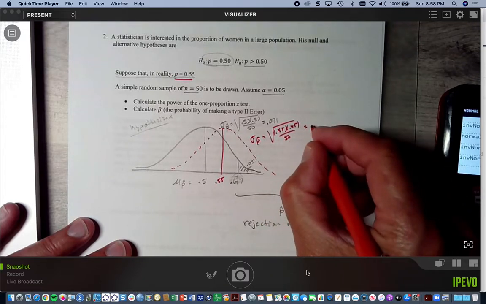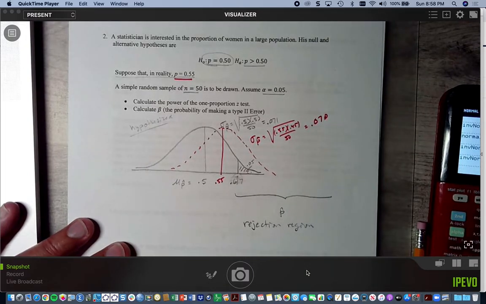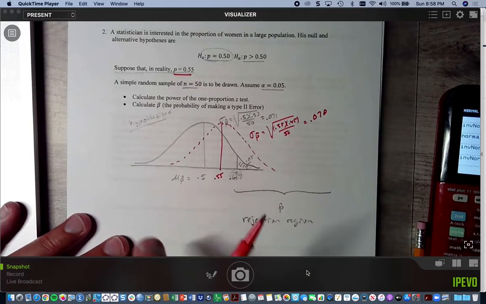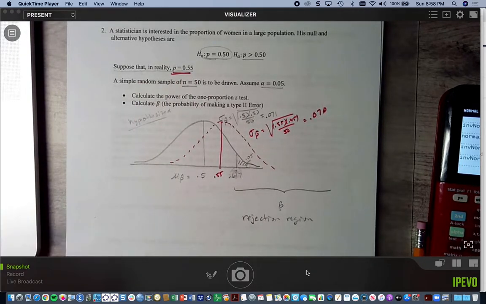This ends up being just about the same, but it's 0.070. So this is the reality. This is centered at the true population proportion.